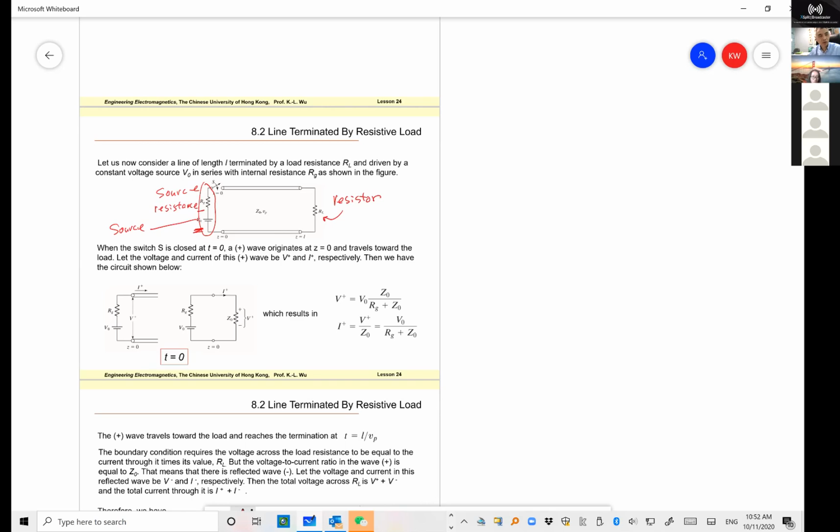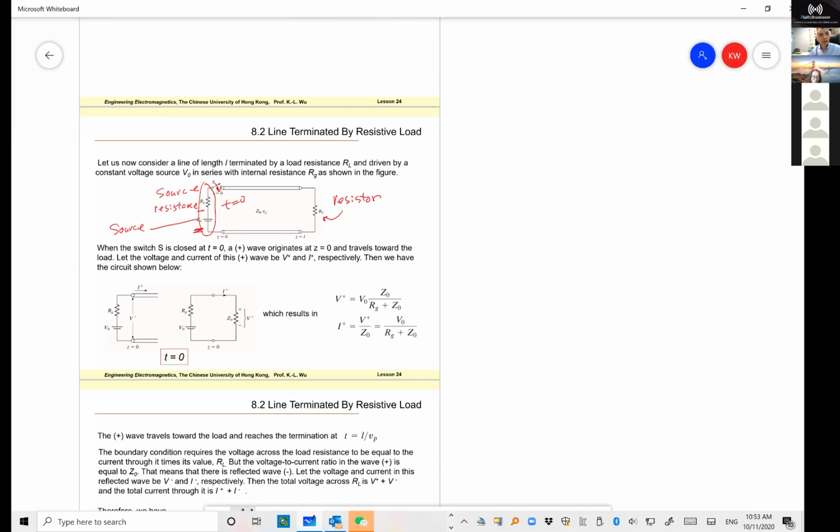Any source you have can be composed of an ideal voltage and an internal source resistance. Now I have a switch S. The switch is turned on at time equal to 0.